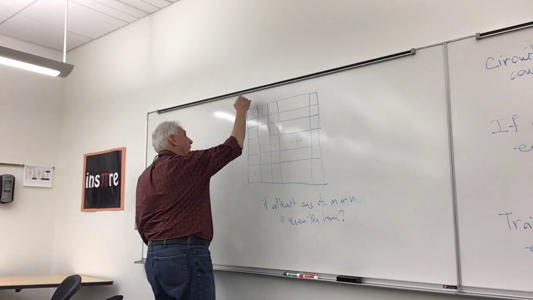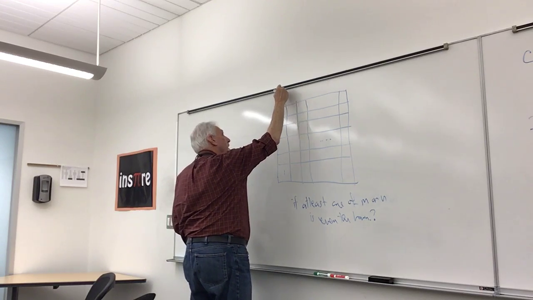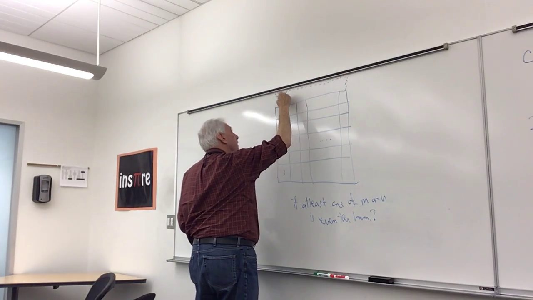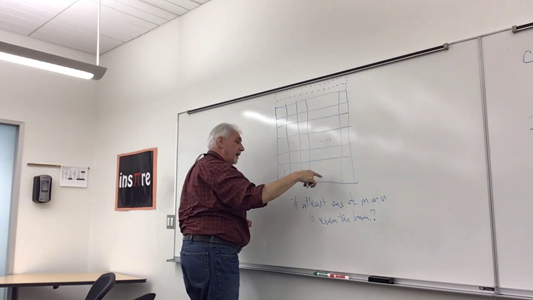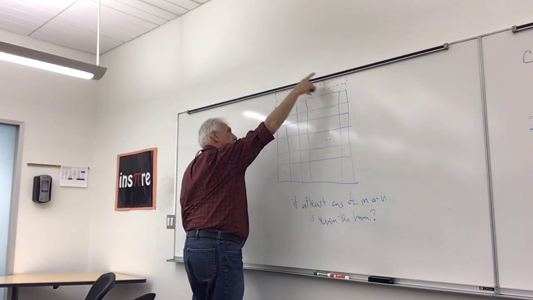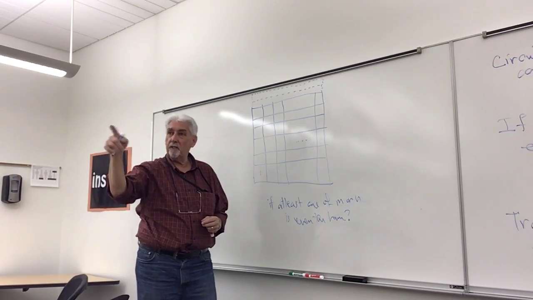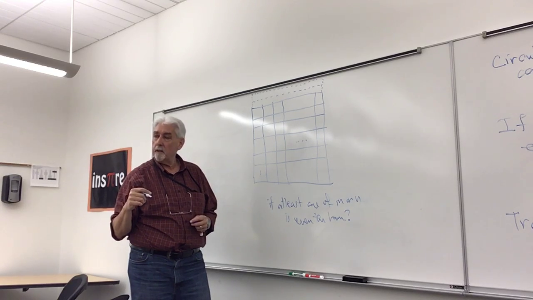So maybe we would induct on this and then add 2 rows and 2 columns. No, just 2 rows. Because if this is Hamiltonian, the conjecture is maybe this is Hamiltonian. But let me go back to if and only if. Is this if and only if?